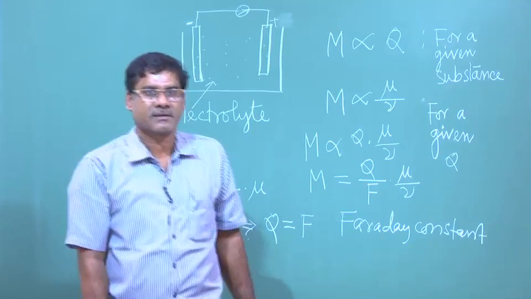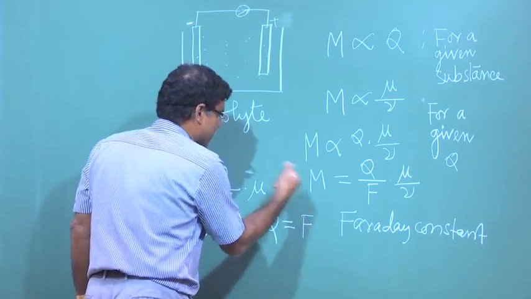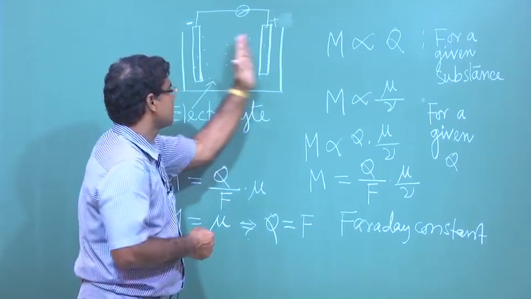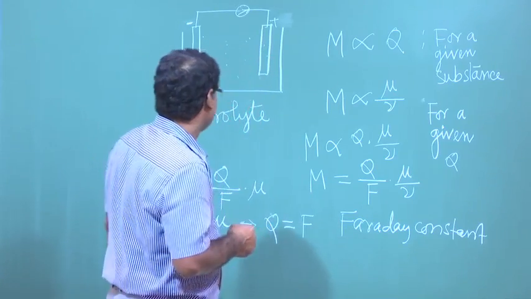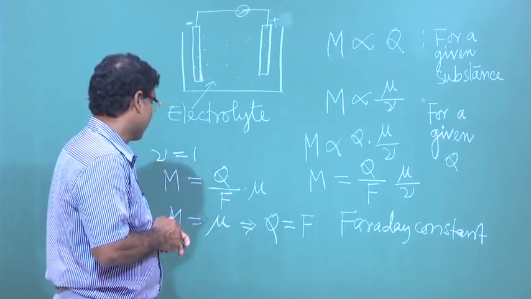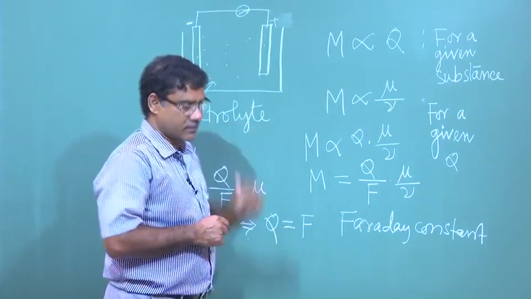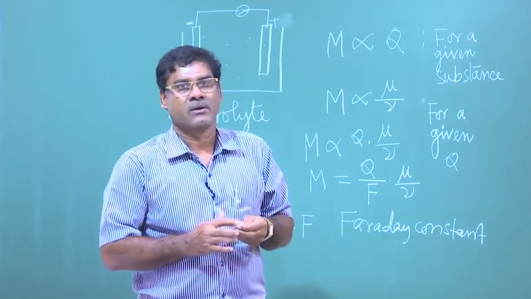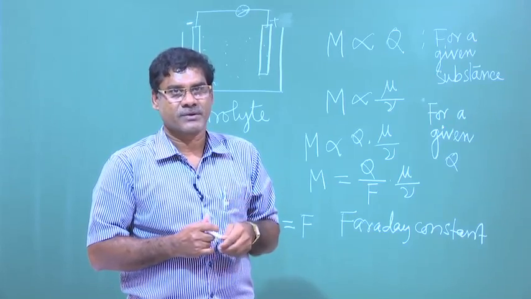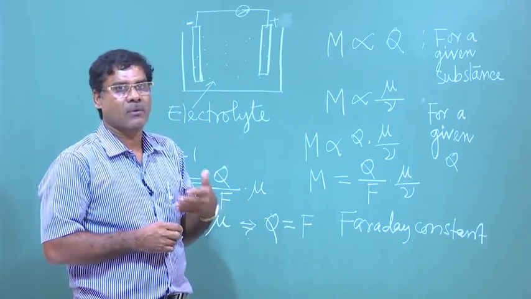So, it's basically the amount of charge or electricity which passes through the electrolyte for a monovalent substance, so that the mass deposited on the electrode is 1 atomic weight, the mass of 1 gram mole.